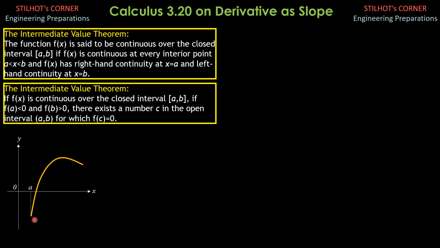so this is the closed interval x is a, and we have an intermediate point c, and this is b. So f of a is negative or less than 0 in this figure, and f of b is greater than 0 or positive.